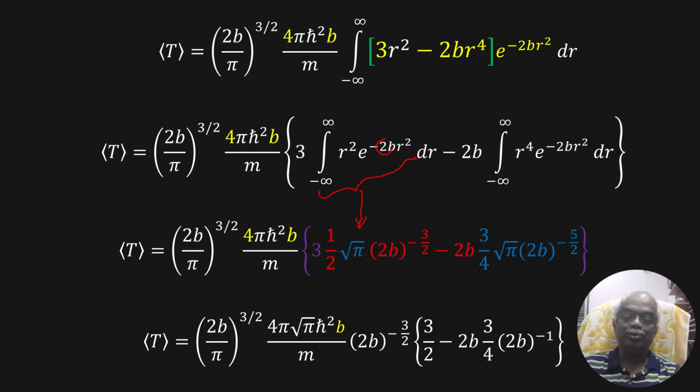Here alpha is 2p, so 2p power minus 3 by 2.